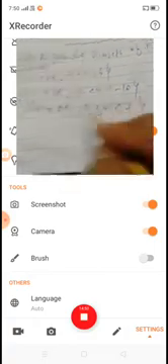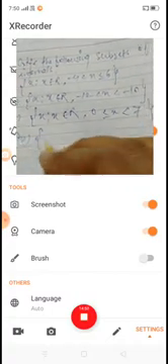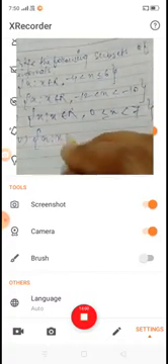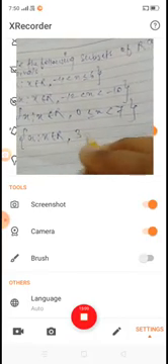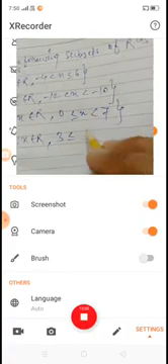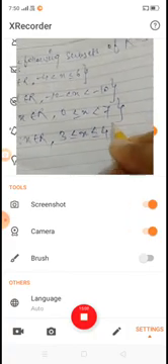And fourth one, x such that x belongs to real numbers, 3 less than or equal to x less than or equal to 4.